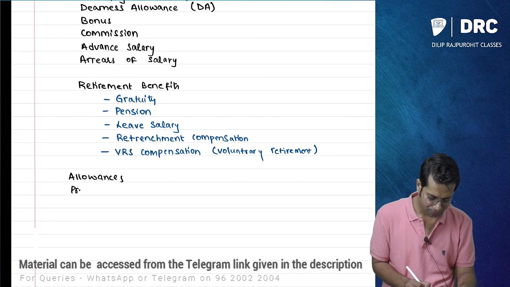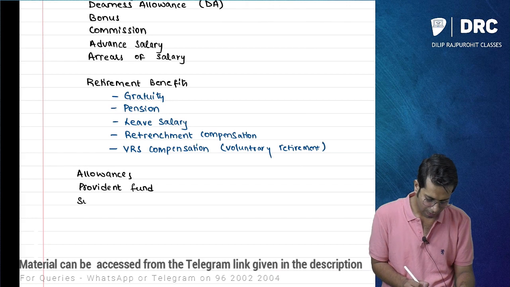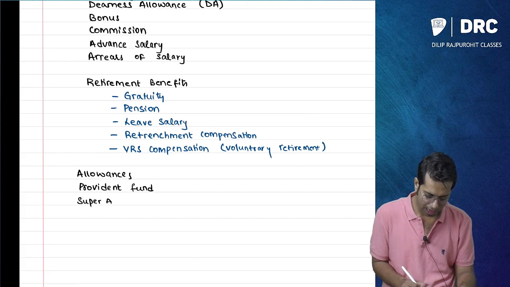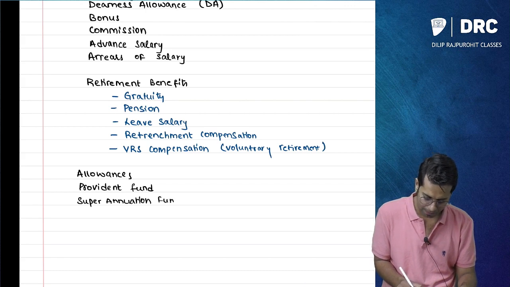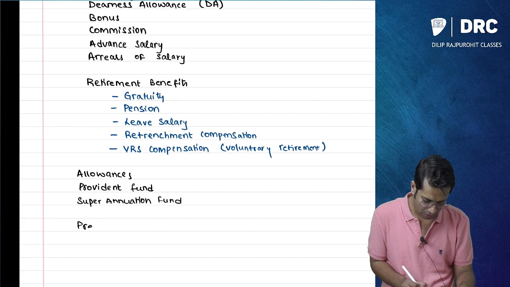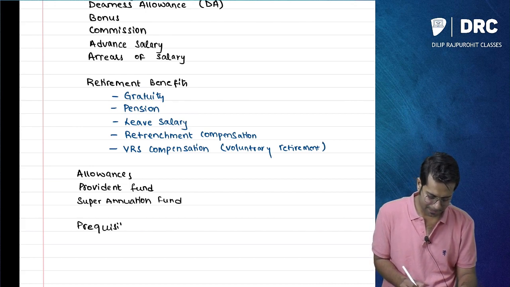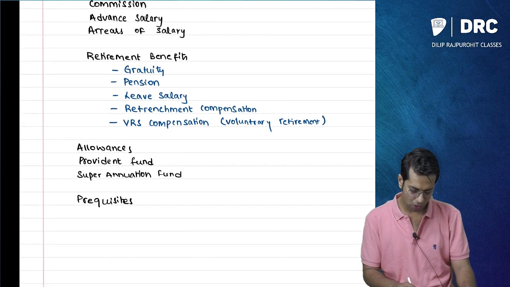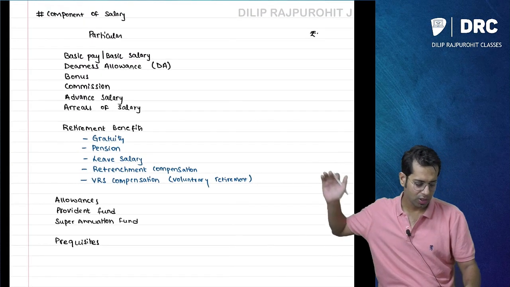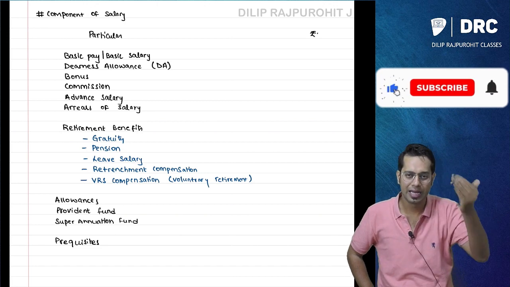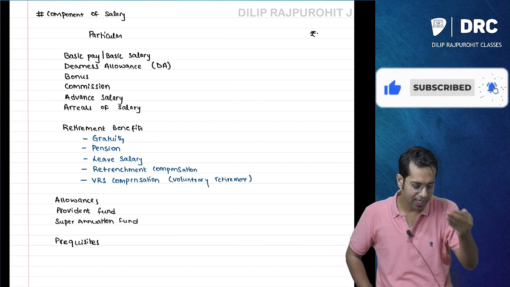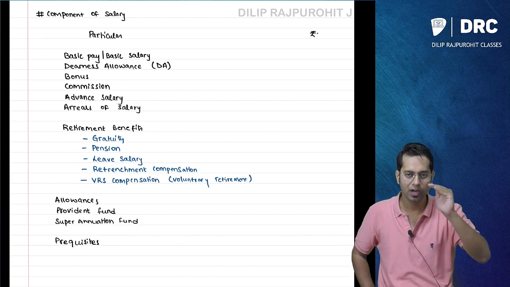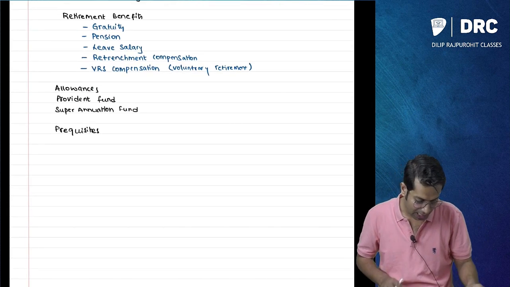Then you have provident fund. Then you have superannuation fund. Then you have something called perquisites. If you combine all these things: basic salary, dearness allowances, bonus, commission, advance salary, arrears of salary, then retirement benefits, allowances, provident fund, superannuation fund, perquisites, you will get an amount.